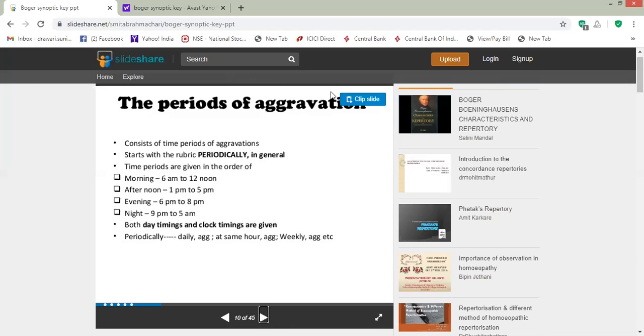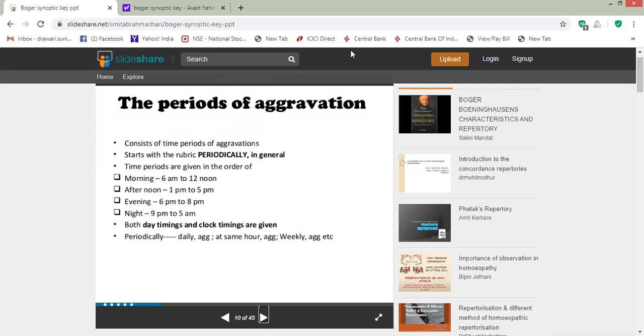These are day timings, and related to these day timings, clock timings are also given, like from 6 a.m. to 12 noon, then 1 p.m. to 5 p.m., 6 p.m. to 8 p.m., 9 p.m. to 5 a.m. In this way, clock timings are also given, so that while finding out the rubrics, the physician should not get confused. To reduce the confusion related to time, the clock timings and day timings both are given.